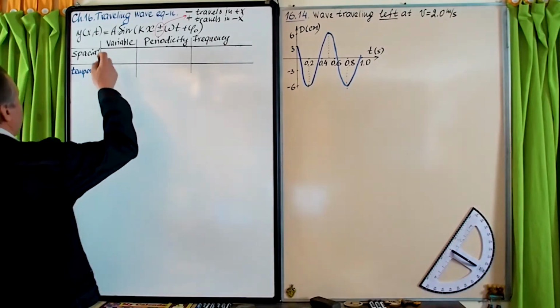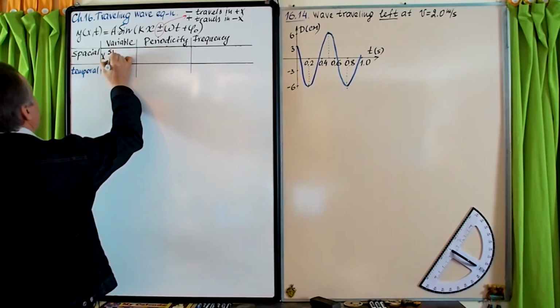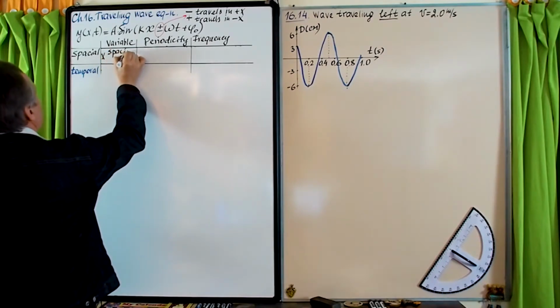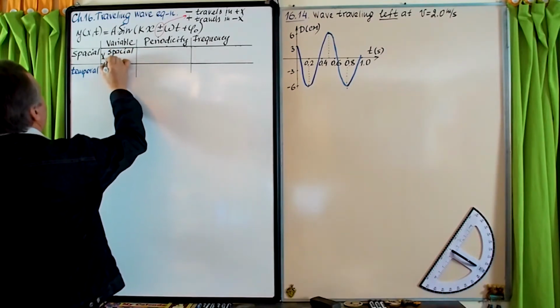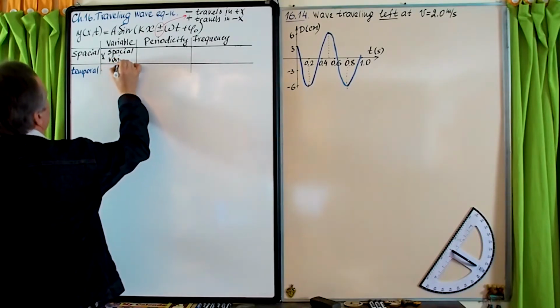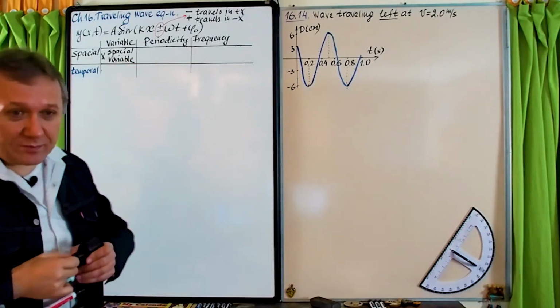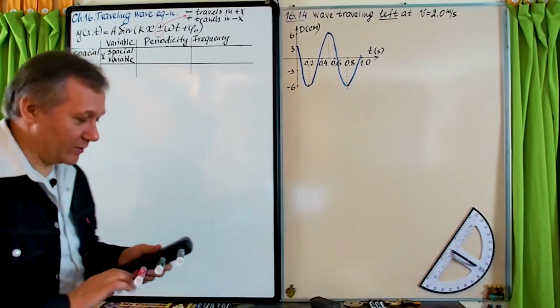Okay, so let me write down x, and the meaning: it's a spatial variable. Right. And then time, it's a temporal variable.